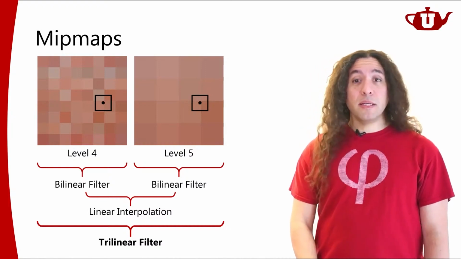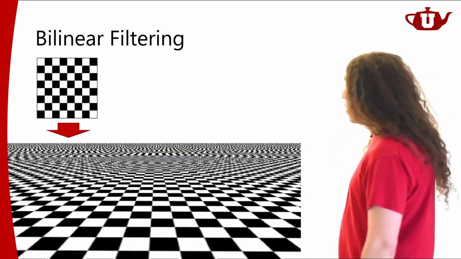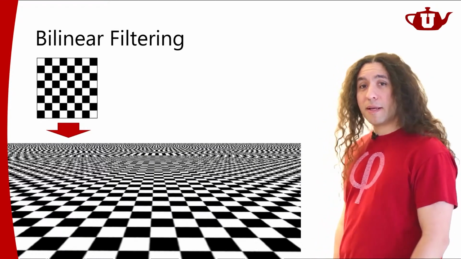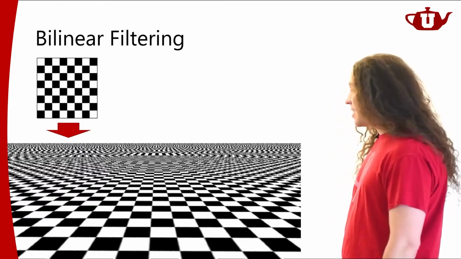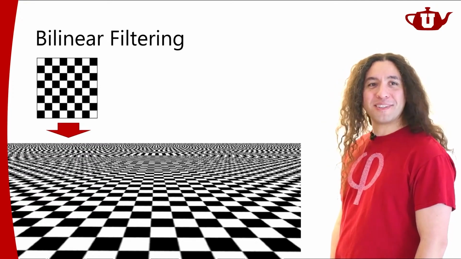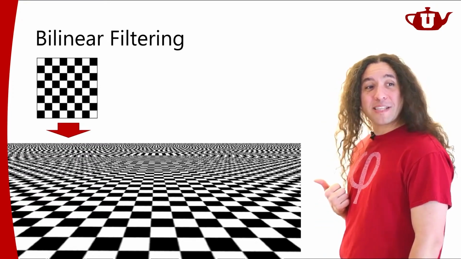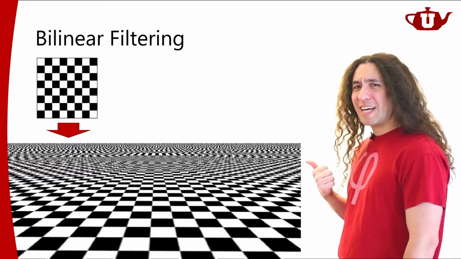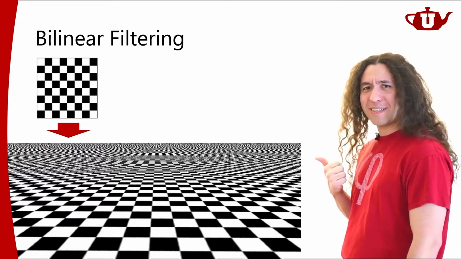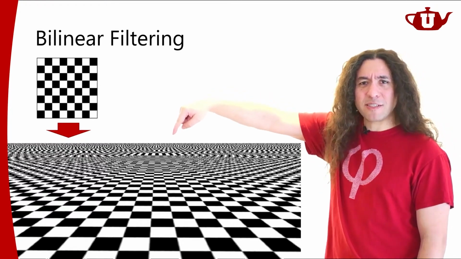Okay, so let's see an example. Here's an image rendered using bilinear filtering. In this checkerboard pattern, I've intentionally chosen this texture for displaying this because even when the plane is moving around, you can see that there's something wrong with this filtering, right? So I start seeing some strange patterns around here.